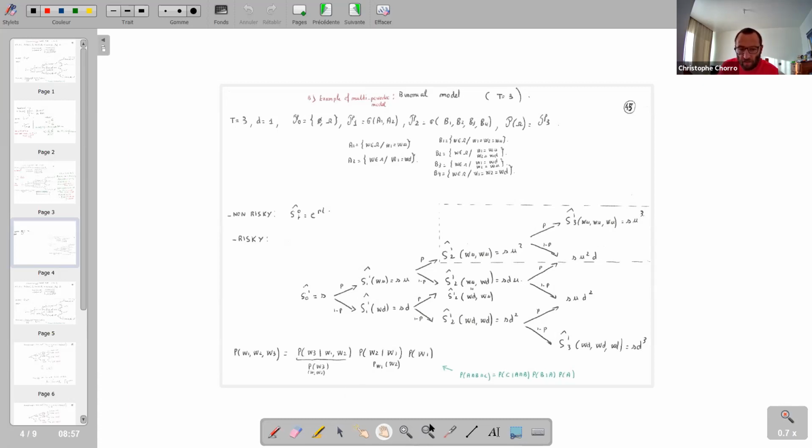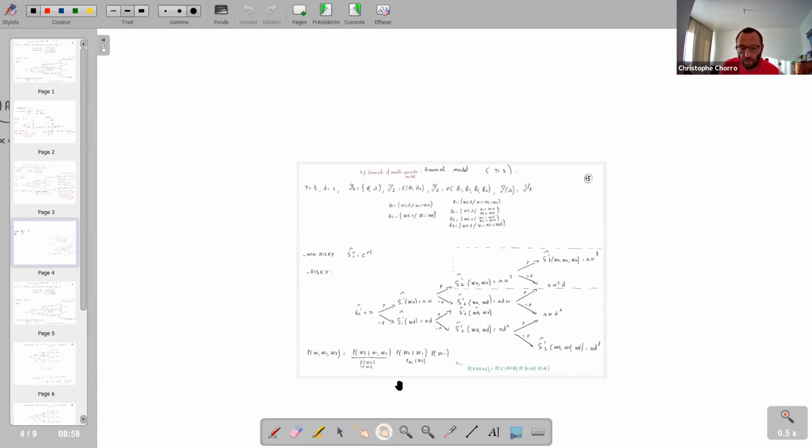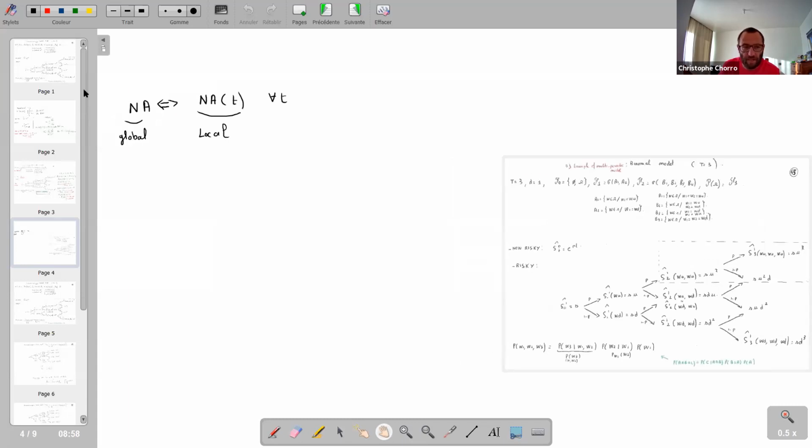Implying that I can write the no arbitrage condition in this model very basically. The no arbitrage condition here is equivalent to exactly the same condition as the one we have seen for the one-period model, because imposing this condition will imply that I will have no local arbitrage for each submodel of size 1, because the parameters of all these models are the same.